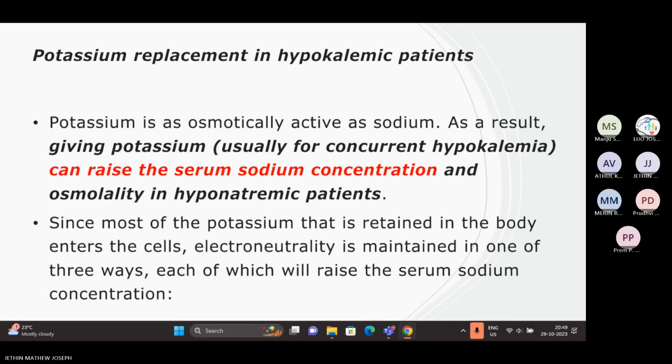While giving the potassium correction, be careful and watch for a rise in sodium, which may not be expected. Which one you treat first, hypokalemia or hyponatremia, depends upon the symptoms. But just keep in mind that potassium correction itself can raise the serum sodium concentration.